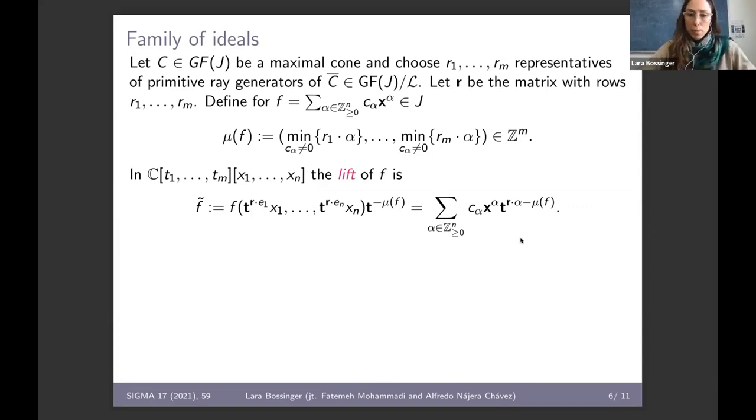To, in the end, get some terms that actually do not contain any T's, we multiply by this monomial whose exponent vector is minus this minimum vector. So if F was my polynomial with monomials x to the alpha, then what we obtain here is exactly that every term x to the alpha is multiplied by a monomial in T's, whose exponent vector is this R matrix times alpha minus the minimum vector.